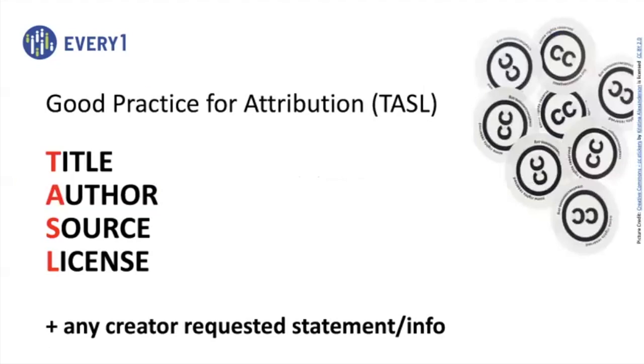So some really clear information here, which helps us to acknowledge the creator of the resource, give further information about where that resource can be found, and which clearly gives information about the license type and often includes a link to the license, or it's required that there is a link to the license itself so that someone can go and easily find out more information about the requirements of the Creative Commons license.